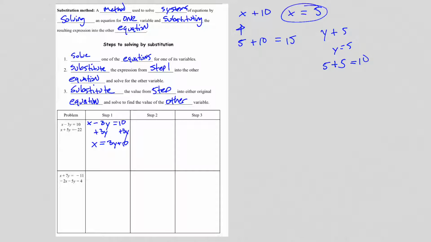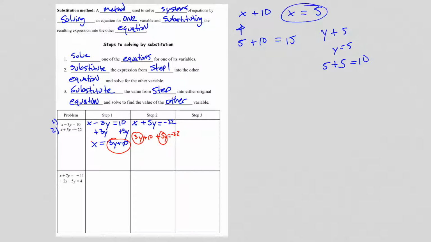So now that I have a value for x, step 2, substitute it. I'm going to use this other equation, x plus 5y is equal to negative 22. Instead of x, I'm going to put what x equals: 3y plus 10 plus 5y equals negative 22.